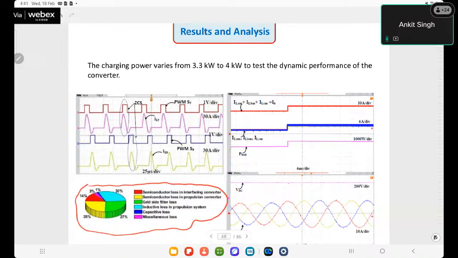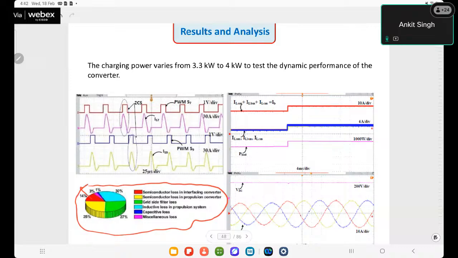We can see the semiconductor loss in the interfacing converter, meaning the AC/DC converter, and the semiconductor loss in the propulsion converter, which is the DC to AC converter acting as an interleaved converter, is around 14%. Filter and inductor losses are there. So this is the complete loss breakdown in the system.